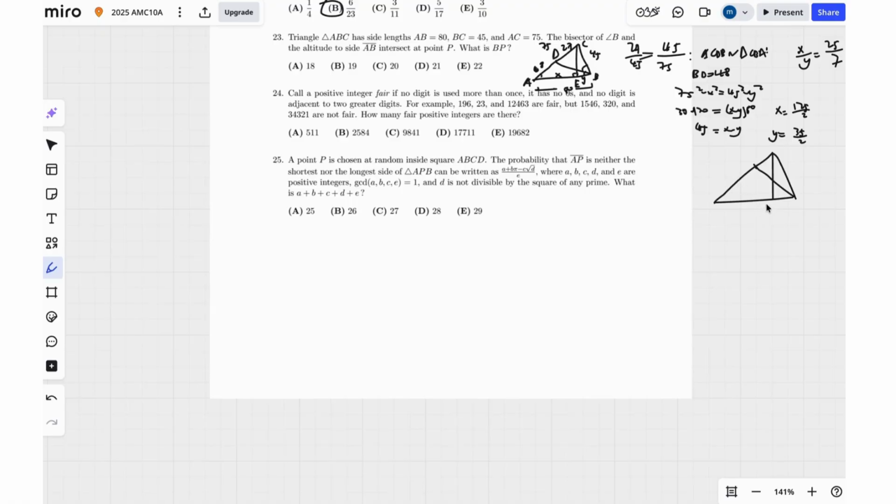So we can assign this to be 32, 25, 7, and then 48 over 27 can be simplified to 16 over 9.